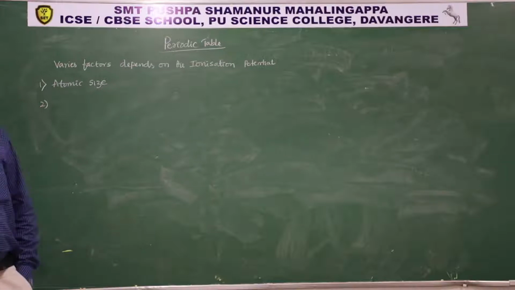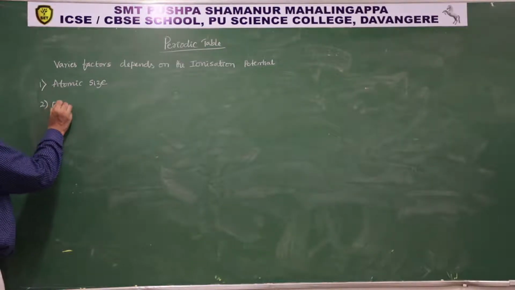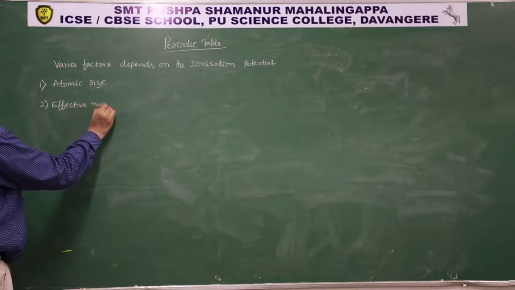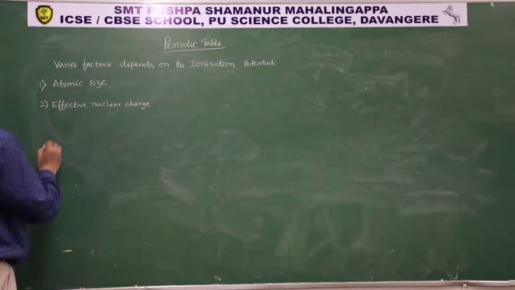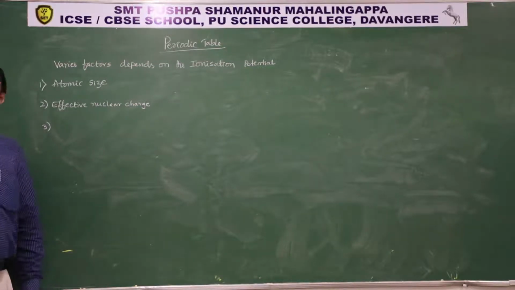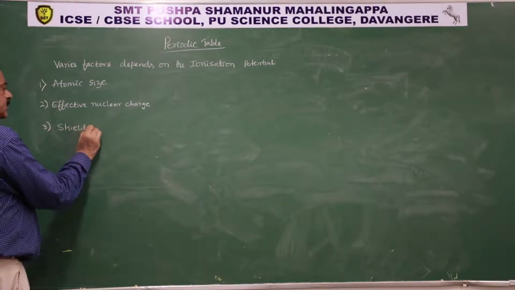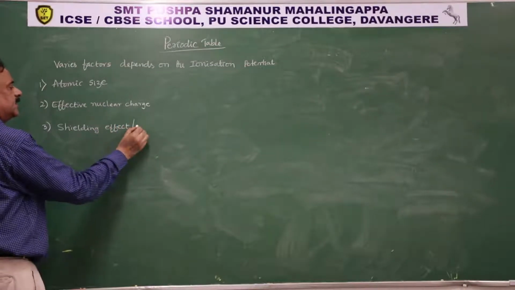Second factor is effective nuclear charge that I mentioned. What about the third factor that the ionization potential value depends upon? That is the shielding effect, or screening effect.